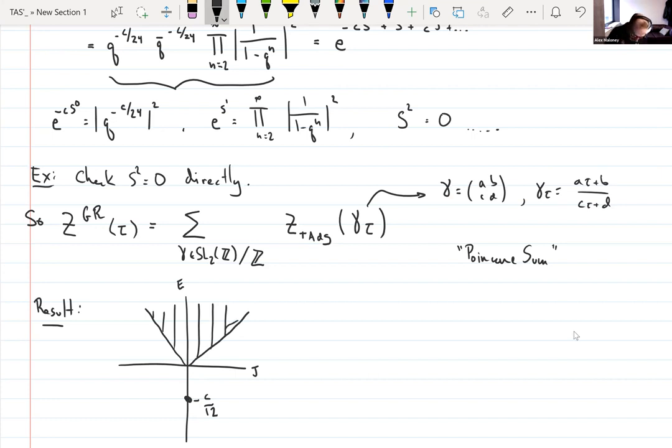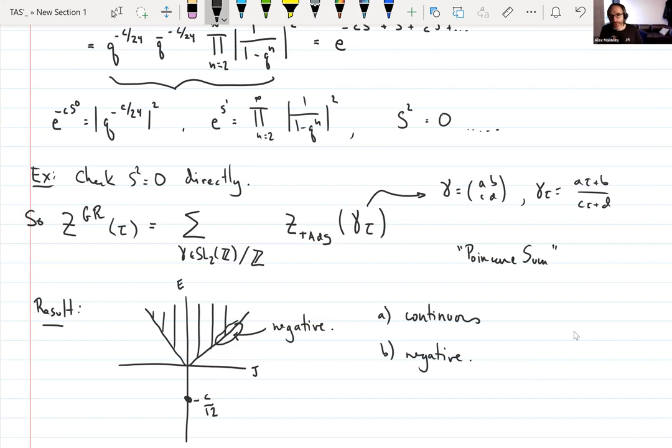So in particular, there's a certain piece, like if E is very close to J, where the density of states is negative. So there are two problems here. One problem is that it is a continuous density of states. And the other problem is that there are places where it's negative.